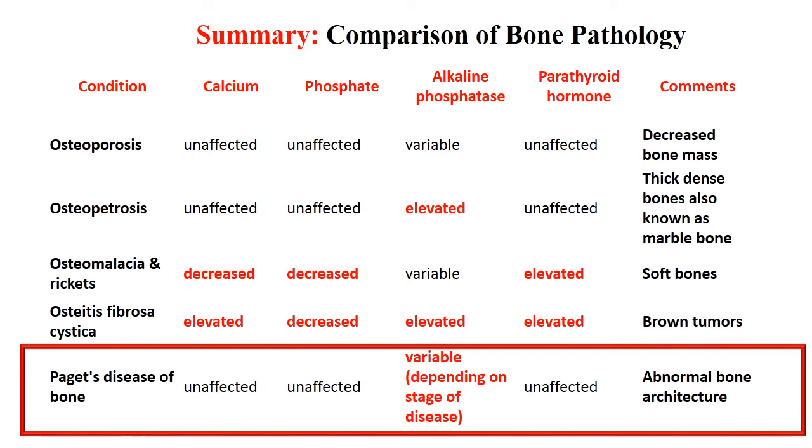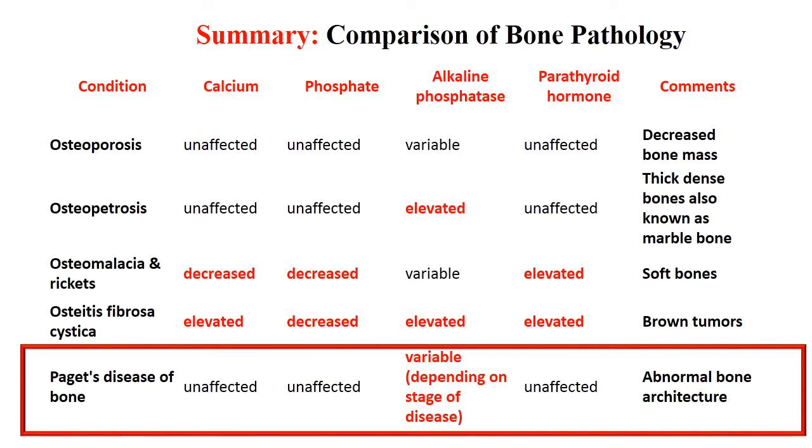Osteopetrosis, also termed marble bone disease, is a condition with thick and dense bones, in which calcium, phosphate and parathyroid hormone are unaffected while alkaline phosphatase is increased.